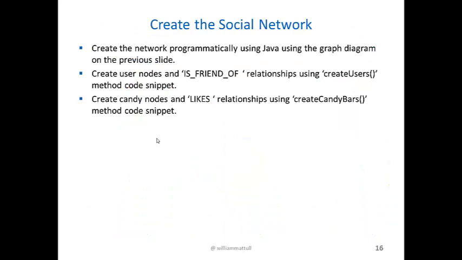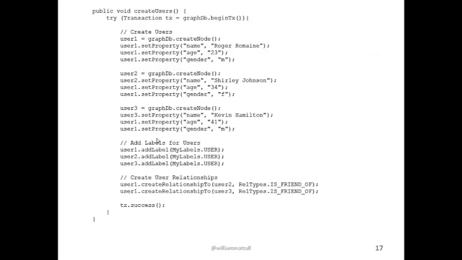Okay, so we create this using 2 main components, which will basically be creating the user nodes and establishing the relationship between those nodes, and then creating the candy nodes, and then establishing the relationship between the users and the candy bars. Here's the main data snippet. It's very similar to the hello world snippet. However, we're adding in this label data type because we're going to use that to query on.